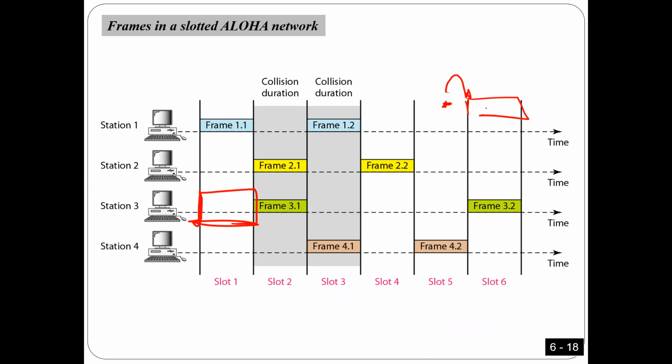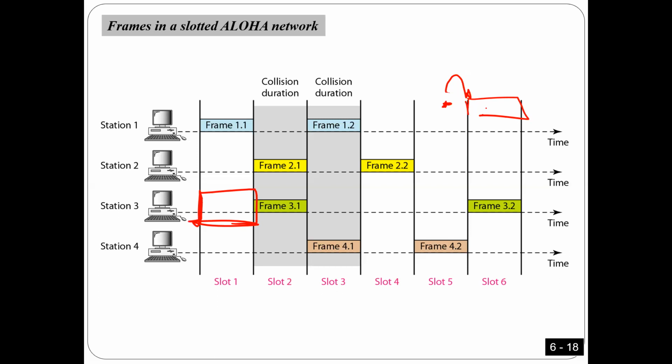This is a very small change, right? One of them is telling you, if you want to transmit, do it immediately. The other is telling you, you have to wait for the beginning of the slot. It's a small change. Why does it have a big impact?